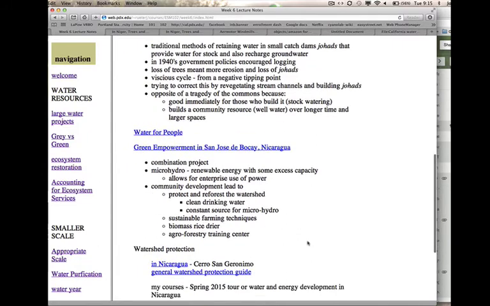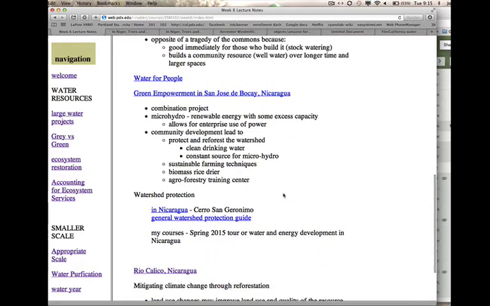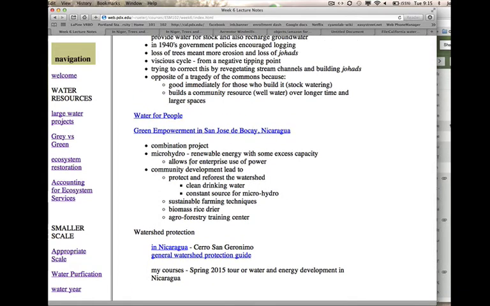There's also a couple examples here from Green Empowerment, and Green Empowerment is an NGO located in Portland, but does their work all around the world. And one of the things they focus on is using renewable energy to create resources for local communities. The couple examples that I show you here: one is where they set up a microhydro, like water coming down a very steep stream.